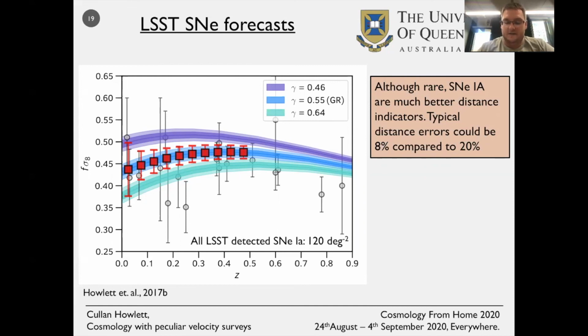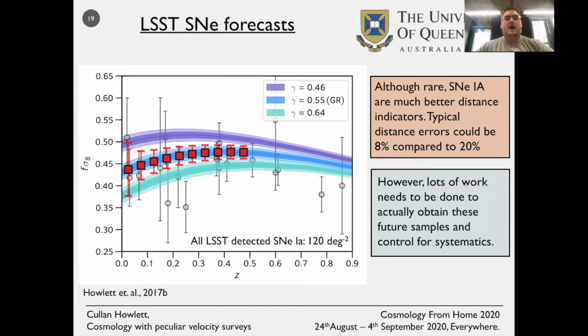But because we have the pure velocities from these supernovae and they're spread over quite a wide sky area, wider than we could do with DESI BGS, especially at low redshift, we see dramatic improvements in the constraints on the growth rate of structure. However, these are quite optimistic, so a lot of work needs to be done to obtain these future samples and control for systematics, but this is something I think we can work towards in the coming years.